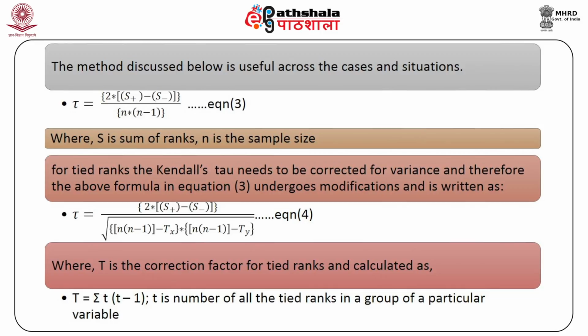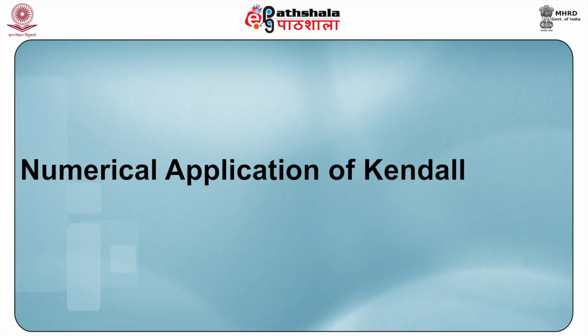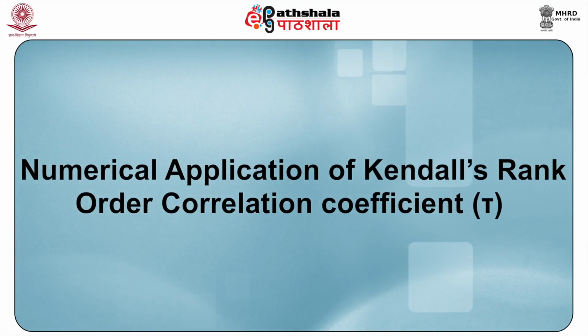This is equation 4 that gives us the changed value of tau whenever tied ranks are there. In this equation, T is the correction factor for tied ranks and is calculated as T is equal to sigma t into (t minus 1), where t is the number of all the tied ranks in a group of a particular variable.